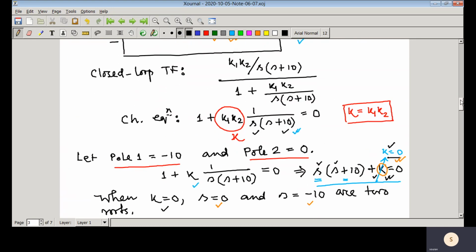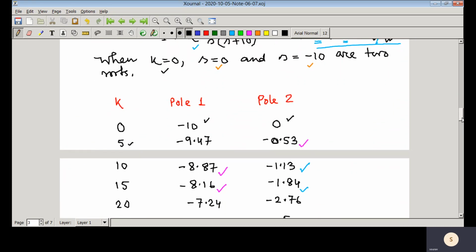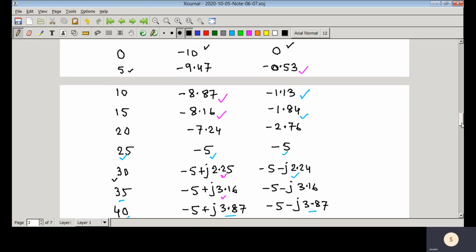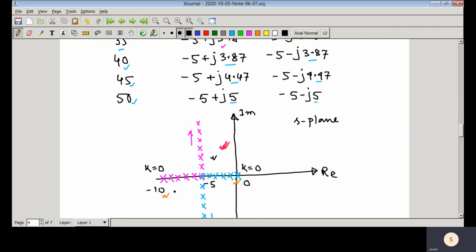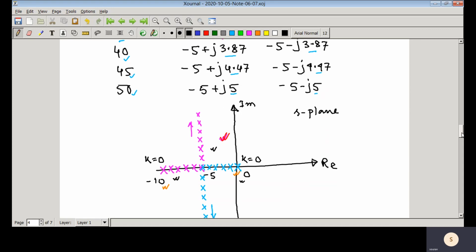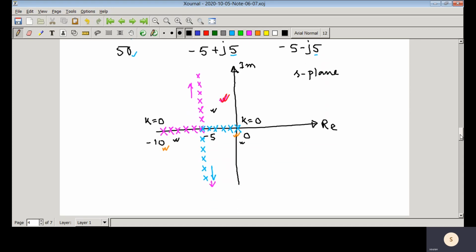Then we took one example and numerically showed what the root locus is: the locus of two poles, how the pole at minus 10 and the pole at 0 vary when K is varied. When K equals 0, the root locus starts from the open loop poles.